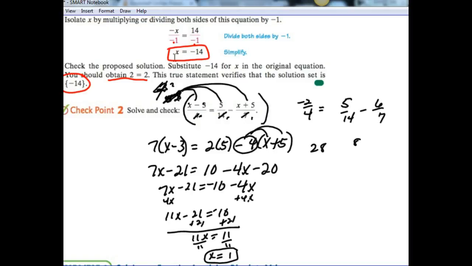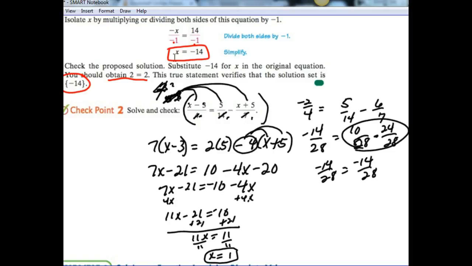Again, you would have to get a common denominator of 28 here. 4 times 7 is 28, so that becomes negative 14 over 28 equals 10 over 28 minus, that would be a 4. 6 times 4 is 24. So negative 14 over 28, when I add these together, or subtract these, I should say, I end up with negative 14 over 28. Those do equal, so that means the answer does check. So my solution set would simply be 1. Hope this was helpful.